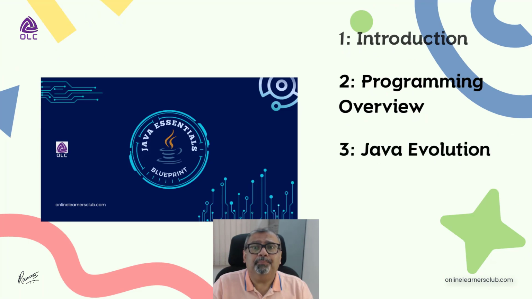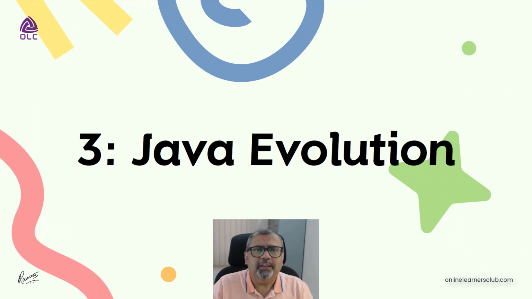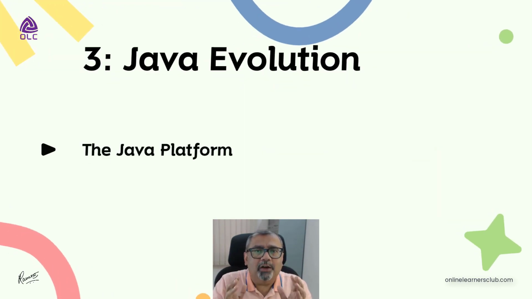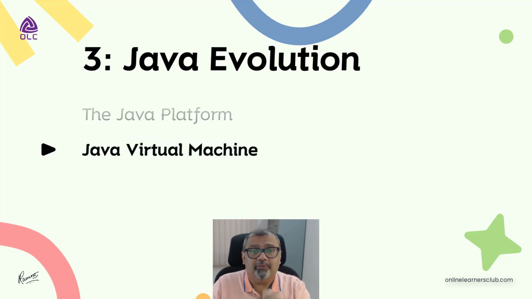After covering the programming overview, we'll get into the evolution of Java. So what is Java evolution? The first thing we need to understand is the Java platform, and why the Java platform was used. We will explore what the Java platform is and what its components are, like the Java virtual machine.